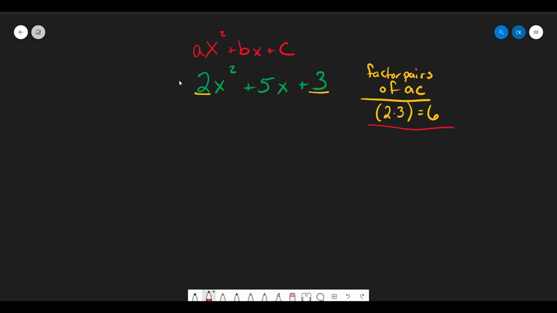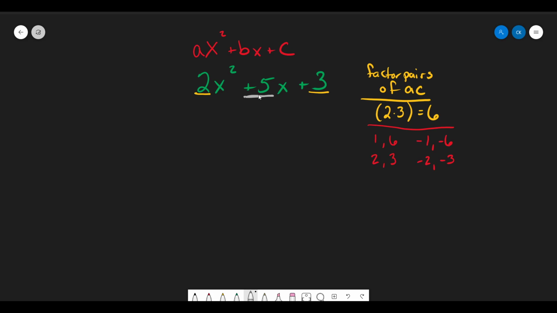Now again, that shouldn't be too difficult. We have 1 and 6. We obviously have 2 and 3. We could also work with the negatives, meaning -1 and -6, and -2 and -3. But I know that's not going to work, because the second part is that not only am I looking for factor pairs of AC, they still have to add to B, the middle number here.